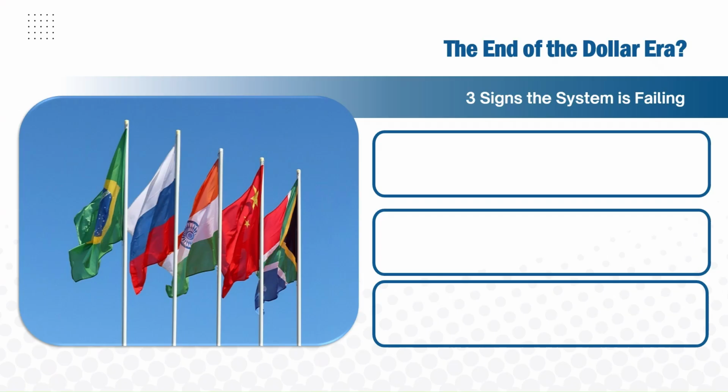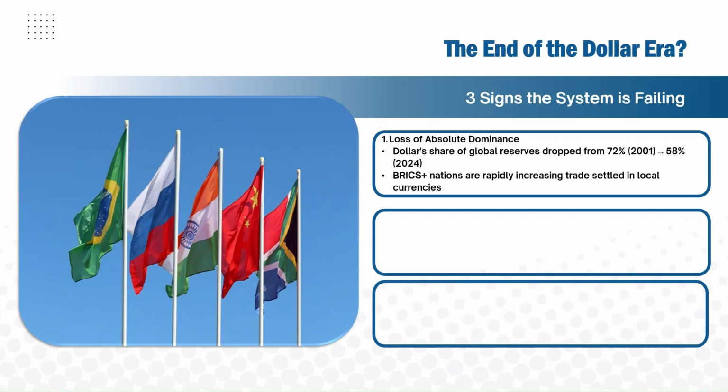The US dollar remains dominant, but its unchallenged status is now fading. Since 2001, the dollar's share of global reserves dropped from over 70% to 58%. At the same time, BRICS nations are increasing settlements in local currencies, especially in energy deals and bilateral partnerships.